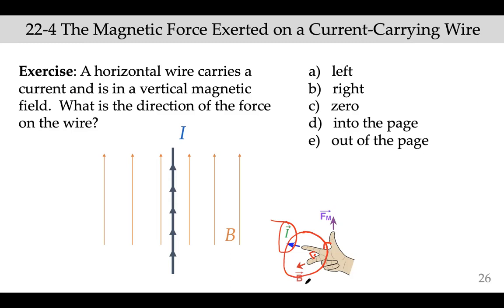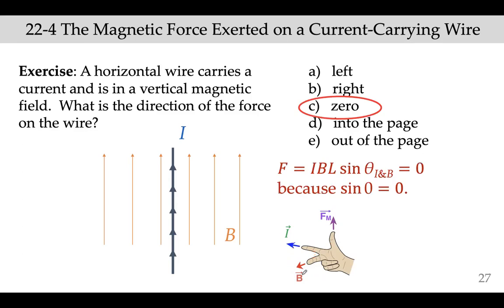Well, that's impossible, right? Or in other words, if you write down the formula, there's the sine. In this case, what is the angle between them? Well, it's 0 degrees. And sine 0 is 0, so in this case, force is 0.